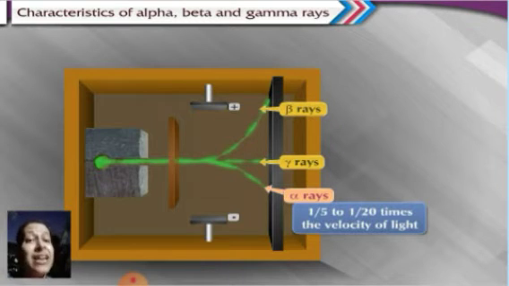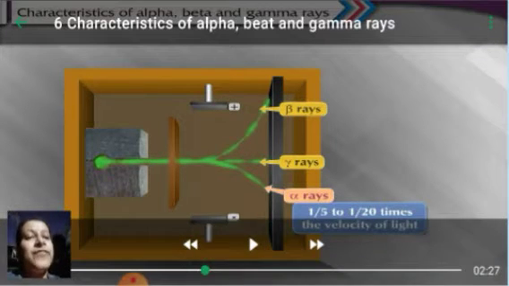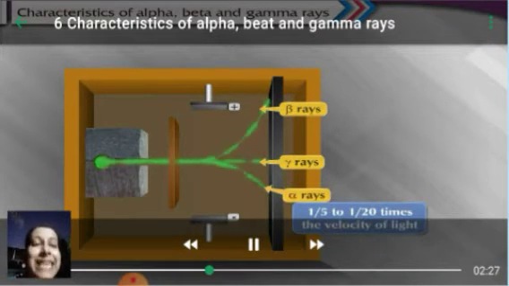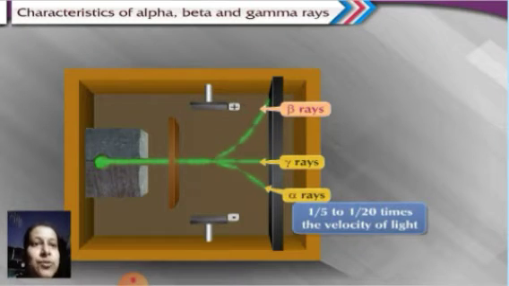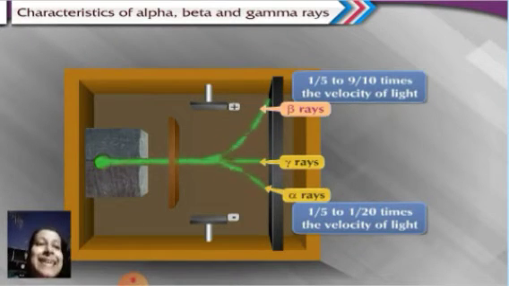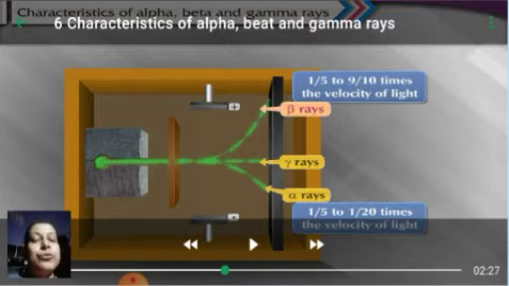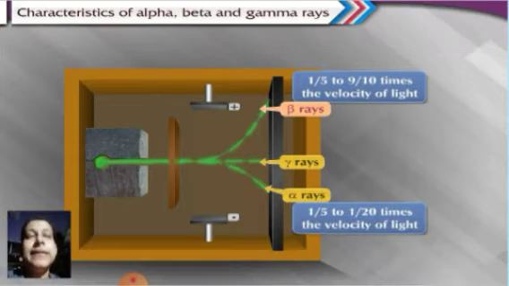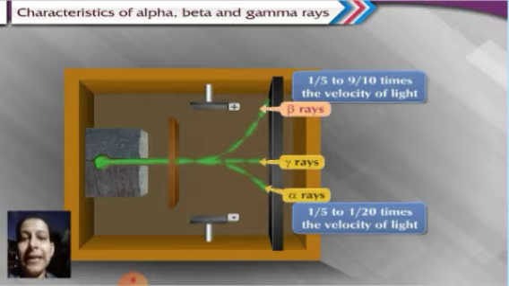Compared to the alpha rays, beta rays are much faster. They are around 9/10 times the speed of light. That means it will be almost more than 2.7 lakh kilometers per second.